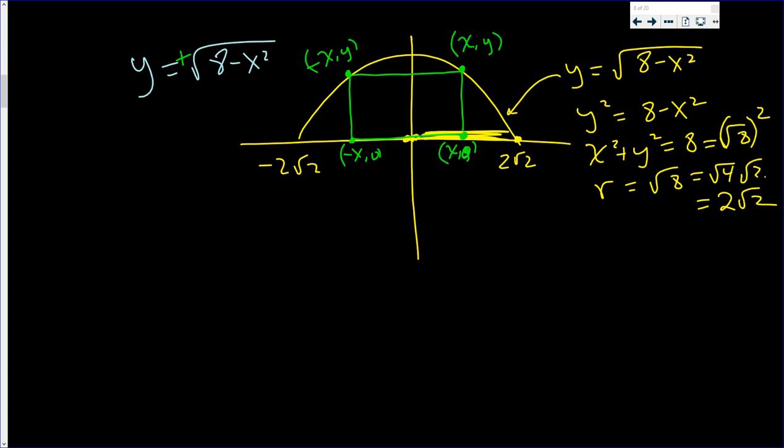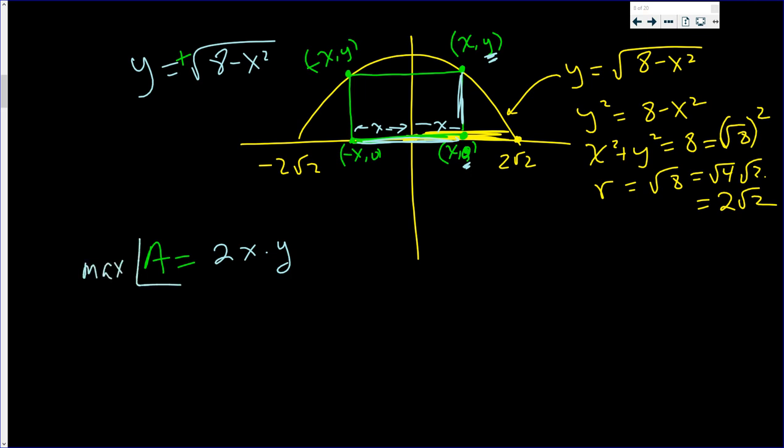Now, what is the area of this rectangle? Well, the base is 2x, because this is x and that's also x. What is the height? It's y. It goes from 0 to y. So we have A and we want to maximize it.